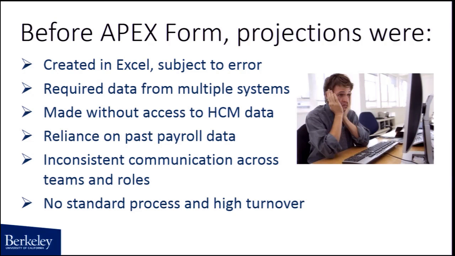So they also didn't have access to the human resources data, so they couldn't see what appointments were coming up, and that's really the key of what they're trying to project. They also did not communicate well with the faculty. There were a lot of disconnects because we had no standard process. So people would leave, and the faculty wouldn't know who to call, and it was really frustrating.